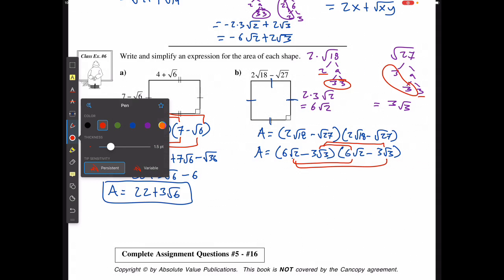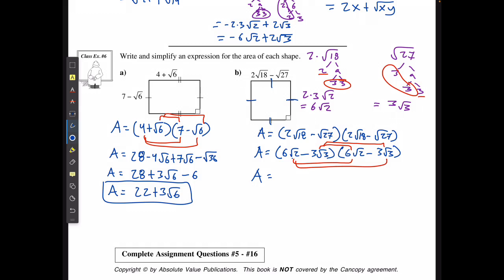So for the first terms, 6 times 6 is 36, and root 2 and root 2 is root 4. 6 times 3 is going to give me negative 18, and 2 and 3 is going to give me the square root of 6. 3 times 6 is going to give me another negative 18, and 3 and 2 is going to give me another root 6. And finally, negative 3 and negative 3 makes positive 9, and 3 and 3, the square root of 9.